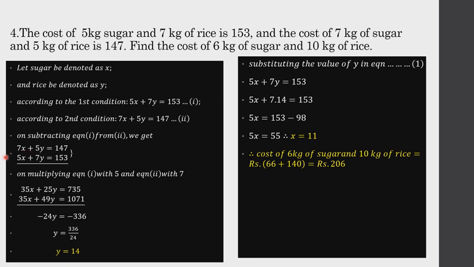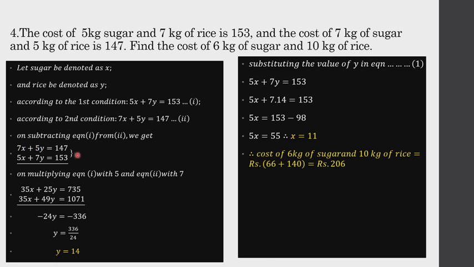In order to make them equal, we need to multiply equation 1 with 7 and equation 2 with 5 so that you have identical terms. On multiplying the first equation with 5, we get 35x plus 25y, which is equal to 735.